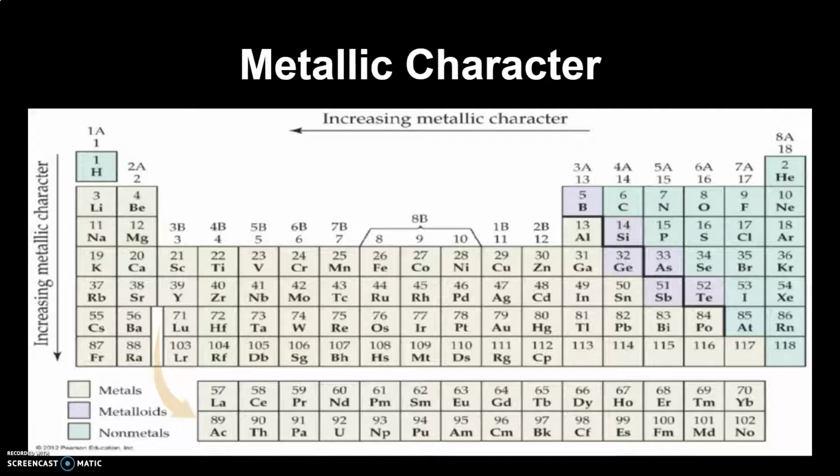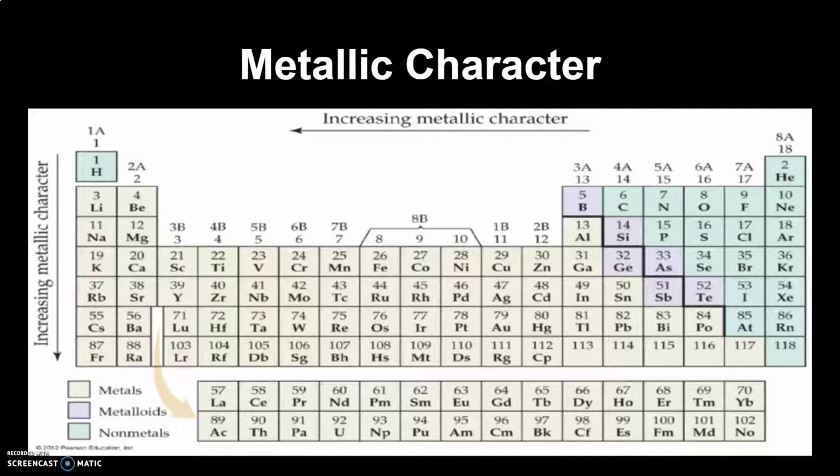So as you can see on the far left-hand side, increasing metallic character going down. Some of these wouldn't be at all obvious. If you're looking at lithium to cesium, it's like, I don't know, they're all metals. But the metallic character increases going down any particular column. But just focus on the carbon one. That's the one that I usually grab to get a better understanding of how these things behave.